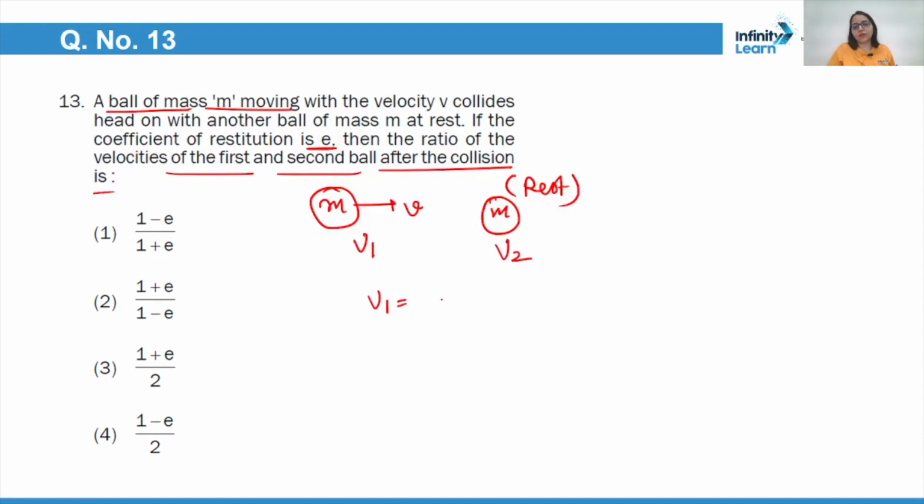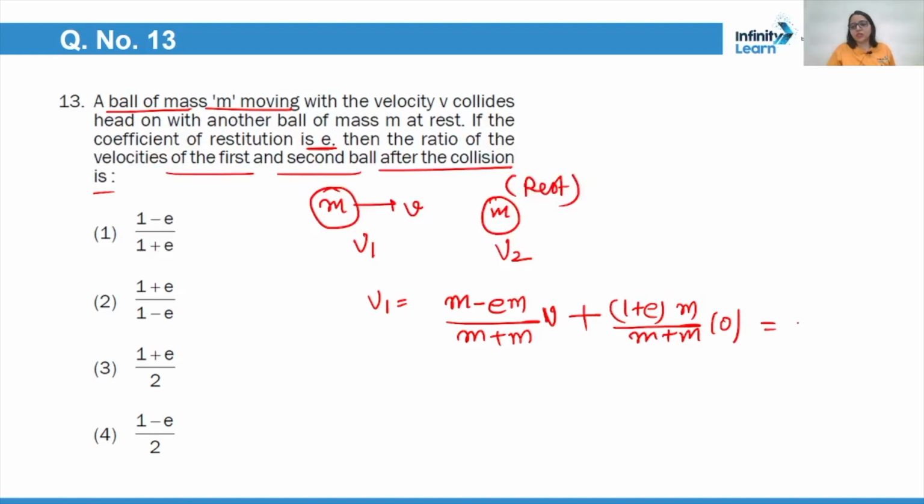So over here v1 will be (m1 minus e m2) divided by (m1 plus m2) into u1, plus (1 plus e) into m2 divided by (m1 plus m2) into u2. So it is just (1 minus e) into v by 2.